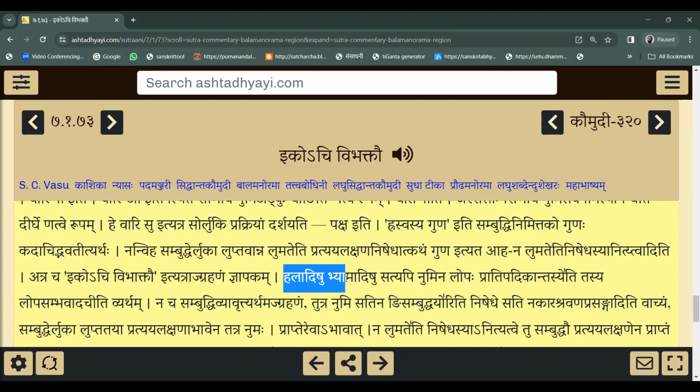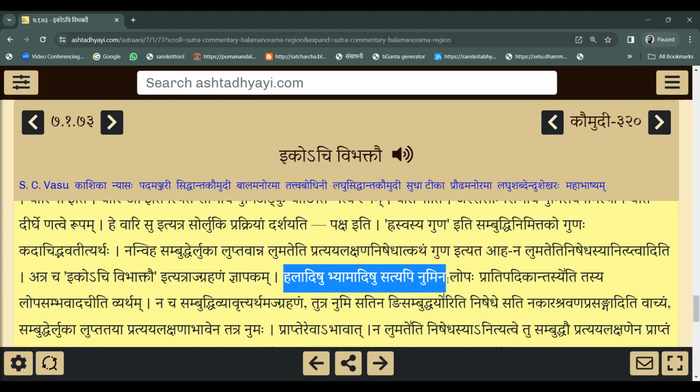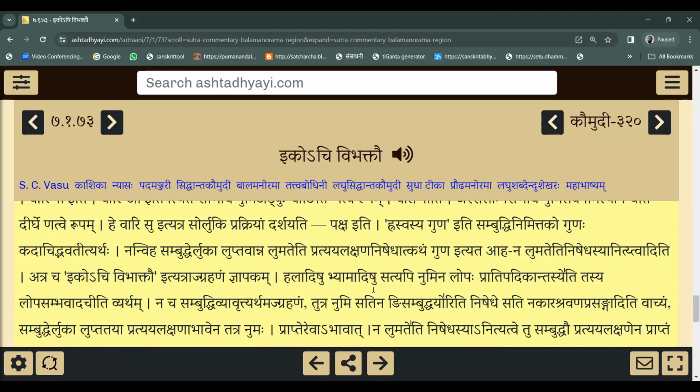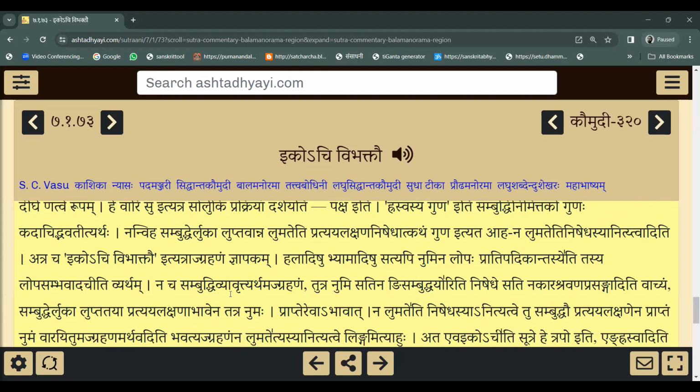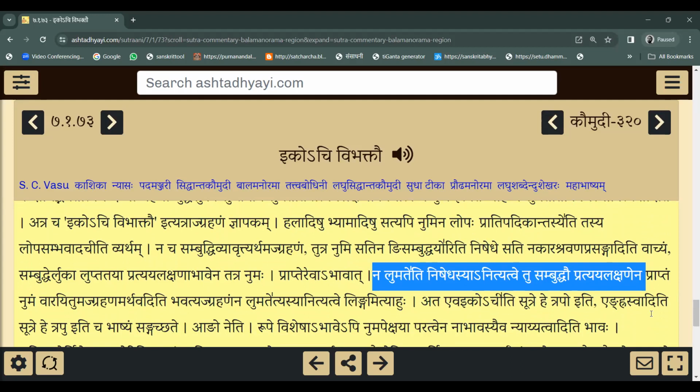Even for ajadi, Vari plus bhyam, there the nakara anyway goes away by na lopah pratipadikantasya. Therefore, why do we require achi in the sutra? That is for the sake of this sambuddhi. Na cha sambuddhi vyavrityartham achgrahanam. Tatra numi sati nisambuddhyoh nishede nakarashravana prasangat iti vacham sambuddhe luka luptataya pratyayalakshanat bhavena tatra numah praptehe eva abhavat. Na lumata angasya iti nishedhasya anityatve tu sambuddhau pratyayalakshanena praptam num varayitum achgrahanam arthavati iti bhavati. Achgrahanam lumata angasya anityatve lingam ityahuh.